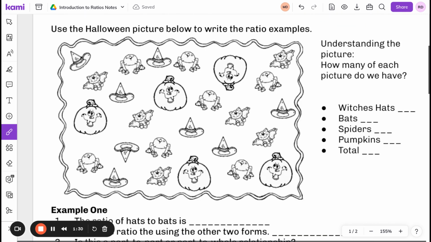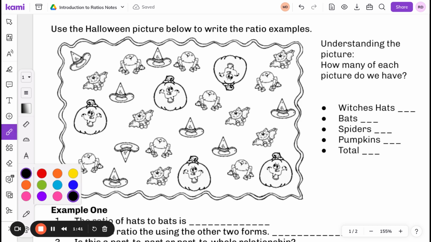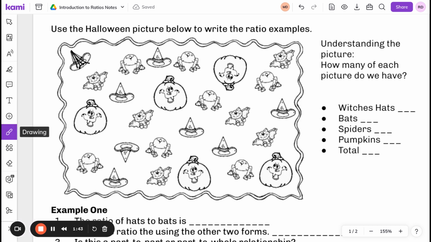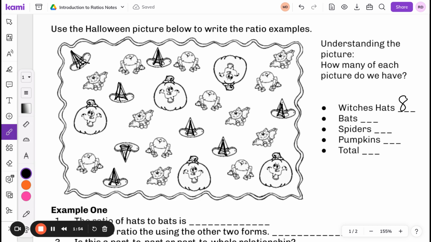So down here, we have this nice picture, and we're going to use this picture to help us figure out ratios. So the first thing over here is how many of each picture do we have? So up first, it has the witches' hats. So here's 1 hat, 2, 3, 4, 5, 6, 7, 8. So there are 8 hats.